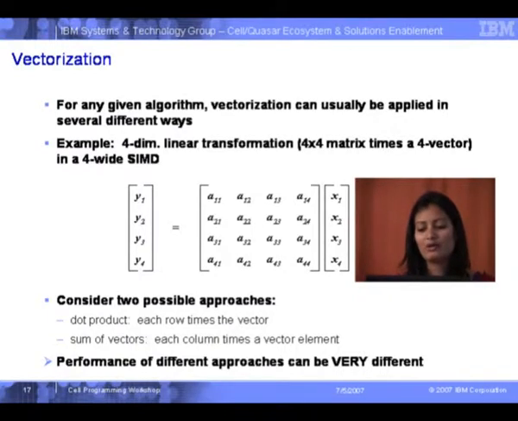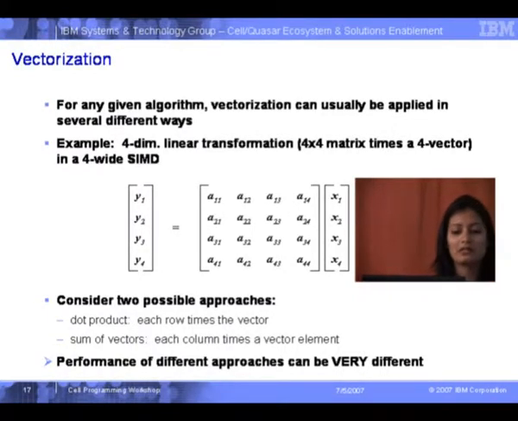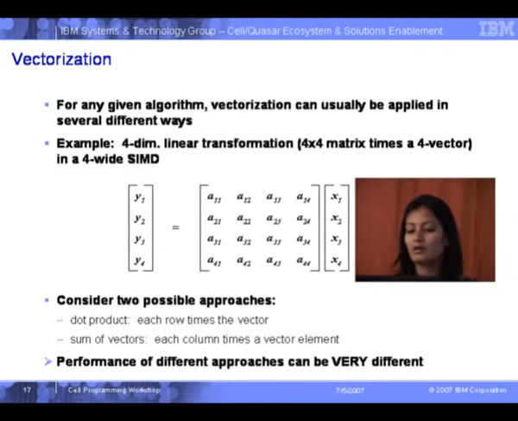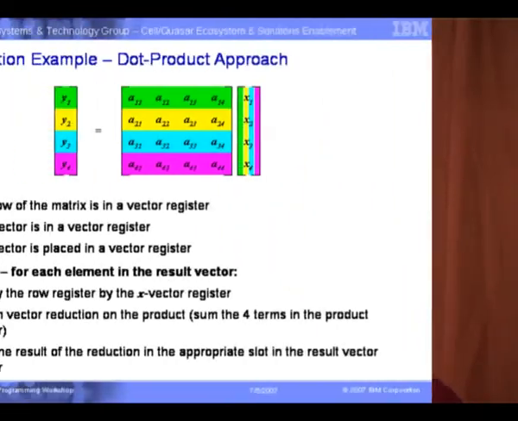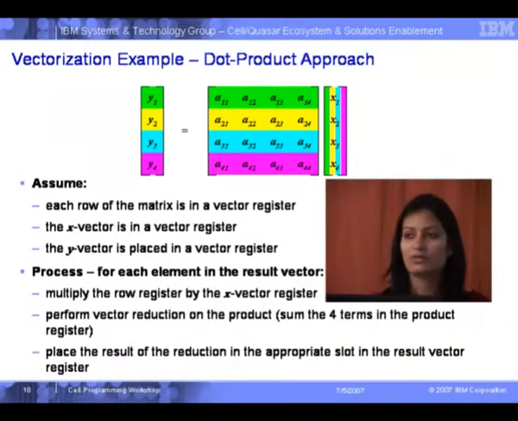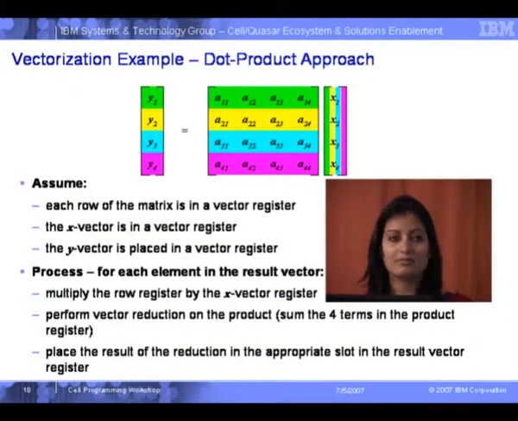So if you have a 4 by 4 matrix in a 4-way SIMD fashion, now imagine that instead of storing one y1 value in one vector, we're storing 4 matrix values. In this case, it's a dot product. We can assume each row of the matrix is one vector, because there are 4 values, and we can store it in one vector, assuming they're all integers or floating point data.